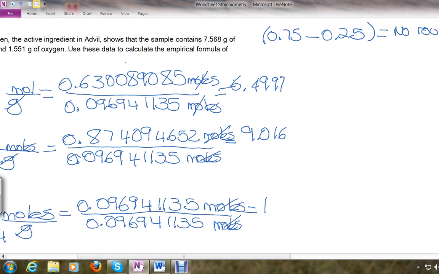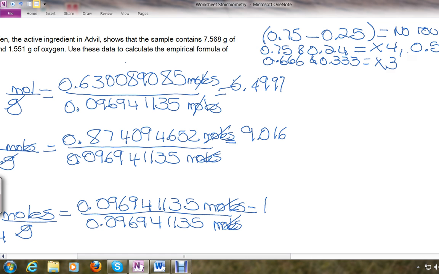Just in case, 0.25 and 0.75 are 1/4 and 3/4, so you need to multiply by 4. 0.5, of course, by 2 to eliminate it. And 0.6666 and 0.3333, you multiply by 3.